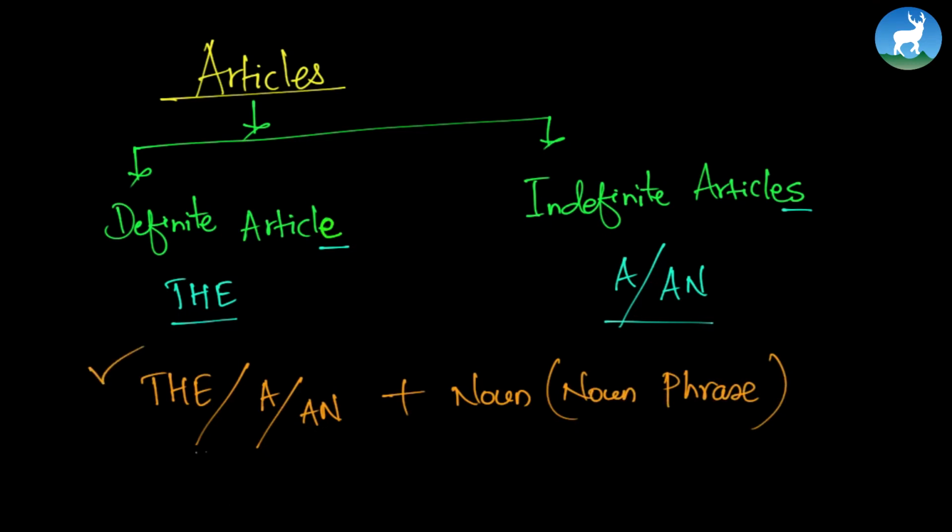So articles are followed by a noun or a noun phrase. Let us look at some more examples. We studied it in paragraph form, but now let's study it by writing some simple sentences.